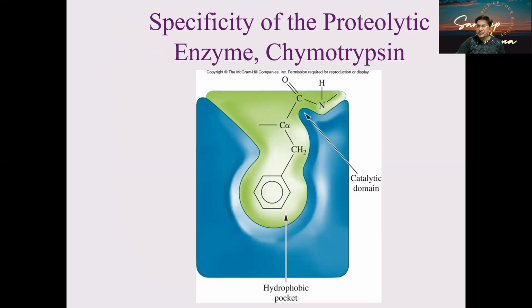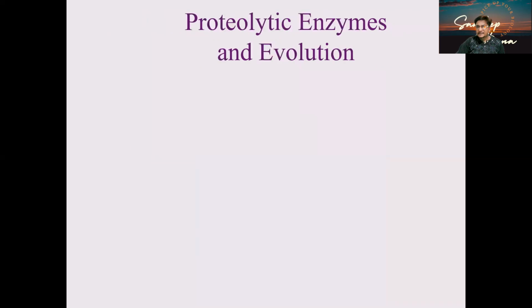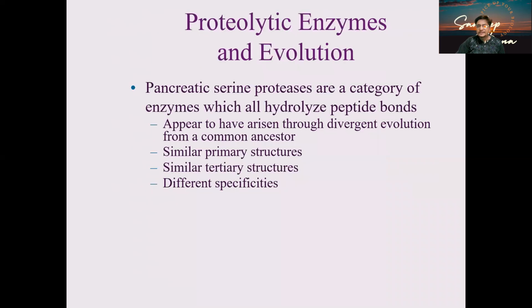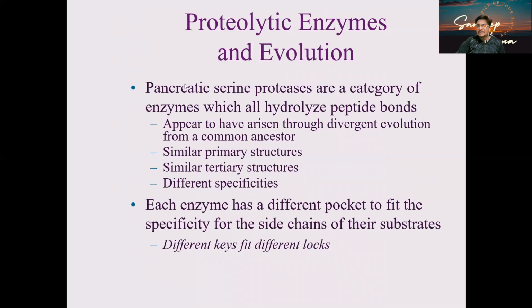That is very important because most of these enzymes are members of the serine proteases, and they have a kind of catalytic domain where the desirable structure of the substrate will fit in order to carry out the reaction. Now, if you look at the evolution, pancreatic serine proteases are a category of enzymes which all hydrolyze the peptide bond.